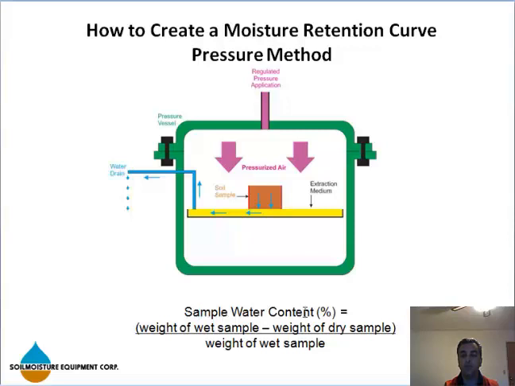Sample water content in percent, this is a gravimetric method, is equal to the weight of wet sample minus the weight of dry sample over the weight of wet sample. Now you just got yourself the first point of your curve. You conditioned your soil at 1 bar, you measured the moisture content.